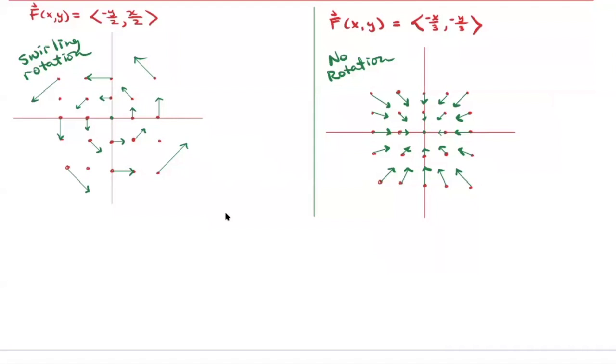Okay, so on the first one, this rotational one, let's do the curl of F. When a field doesn't have a z coordinate, just assume it's 0. So if we do the curl of this field, this is del cross F. As you know, del has three partials in it.